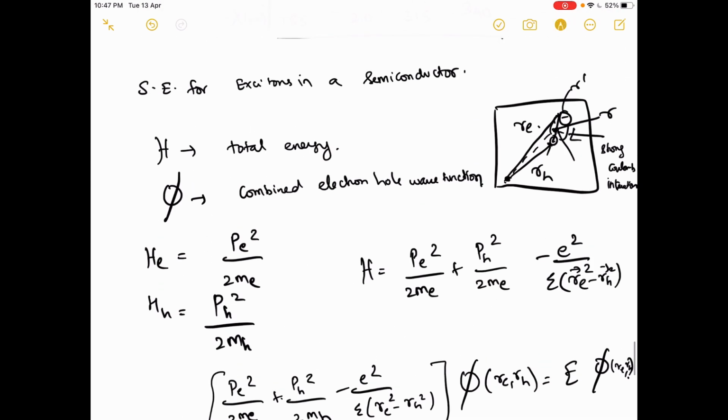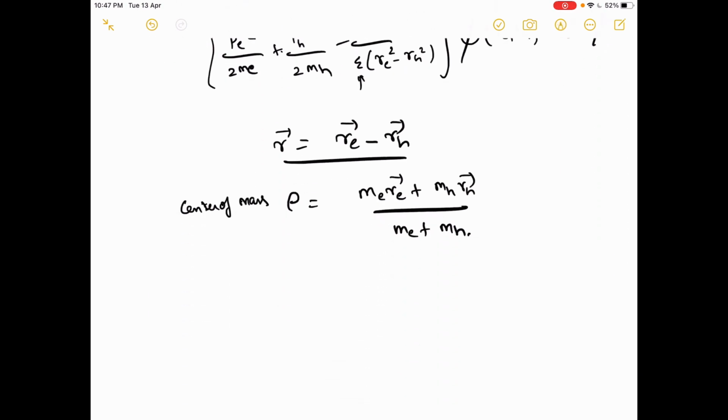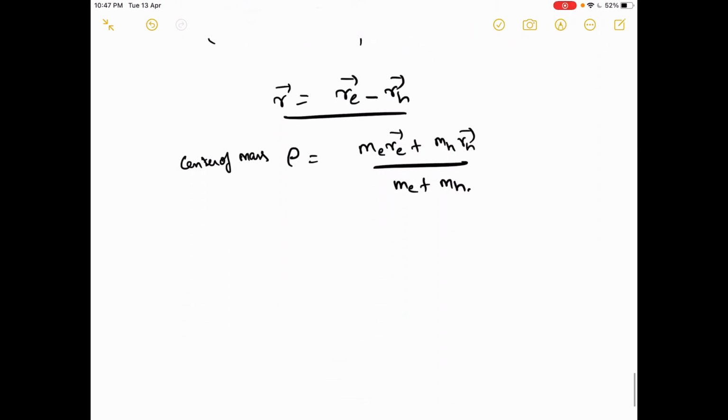This is basically rho, right? And the total wave function, which is a function of re and rh, is now written as a product of two functions, f, which is a function of the relative displacement r, and g, which is a function of rho. Rho is the center of mass, right? So basically this is how the total thing is split.